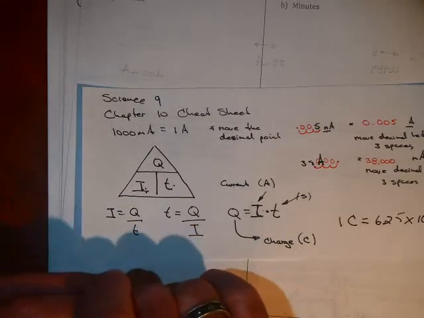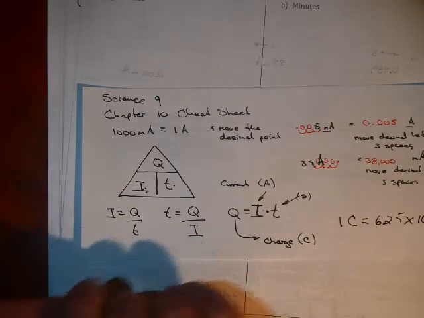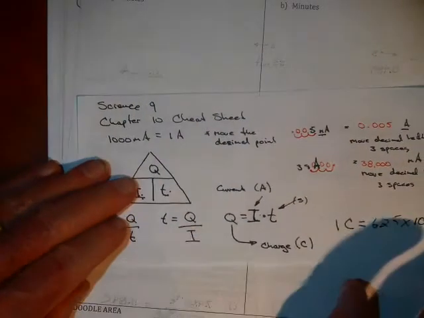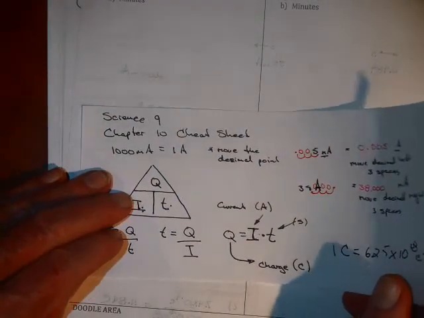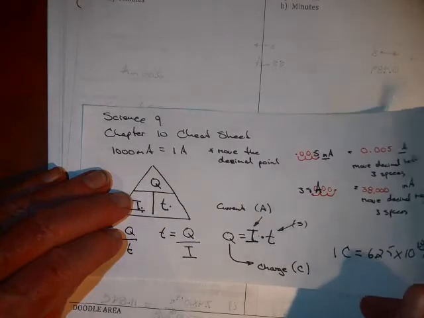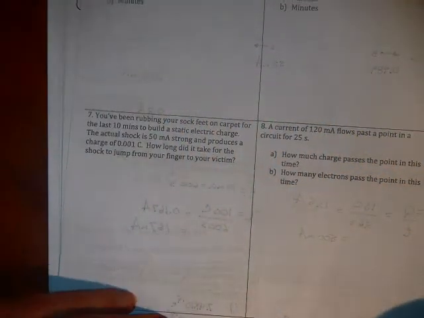So what I want you to do is do these four right now, and I am going to do them myself, and then we will come back and go over them. So stop now.